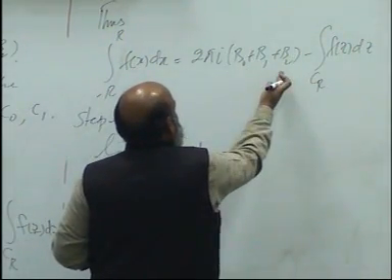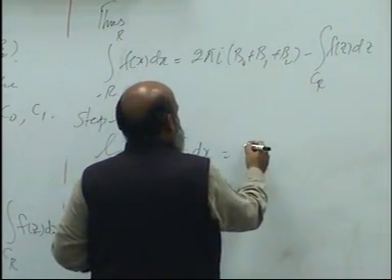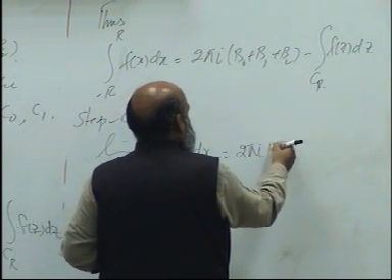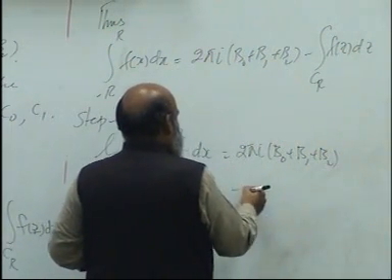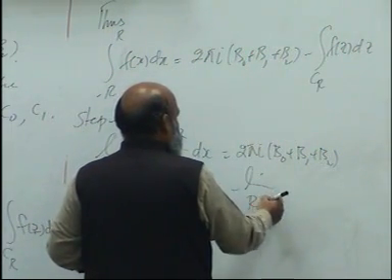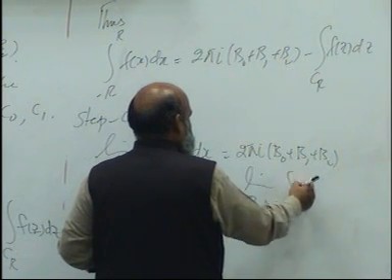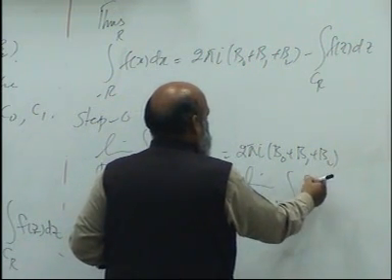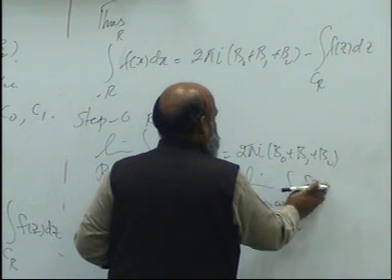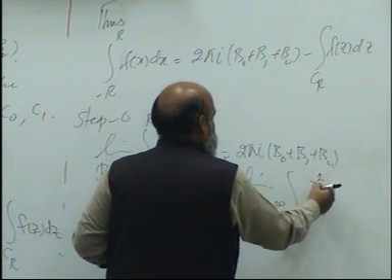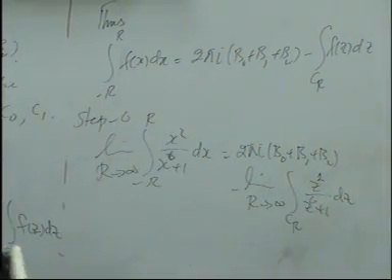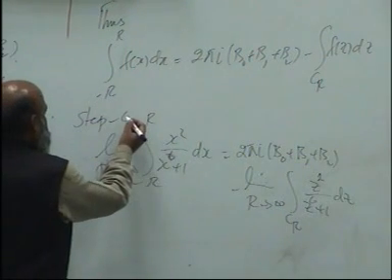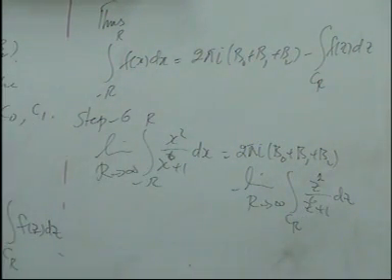There is no effect of limit over here, it is just 2 pi i because it is a constant, minus limit r tends to infinity integral over CR f of z dz, which is z square over z6 plus 1 dz. Okay.